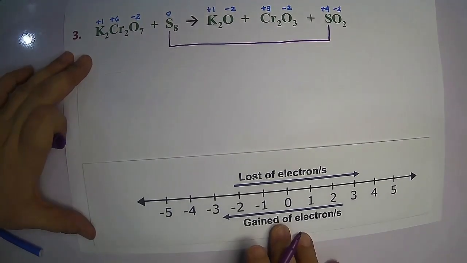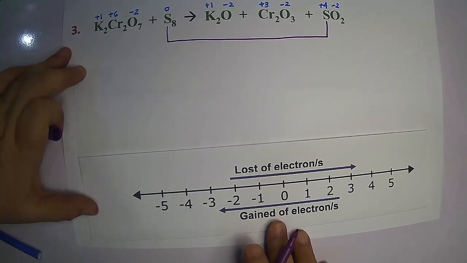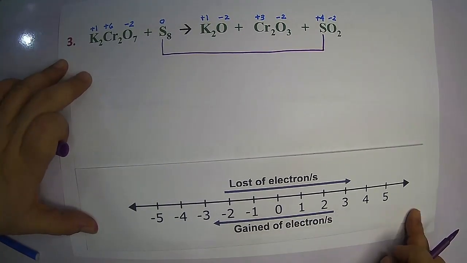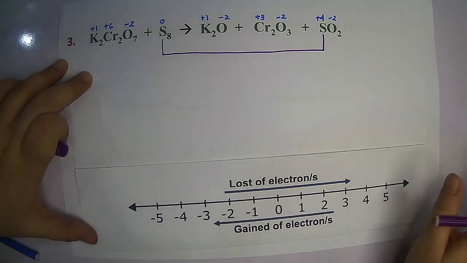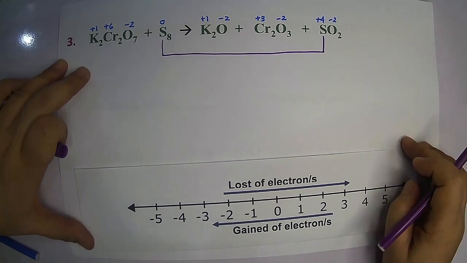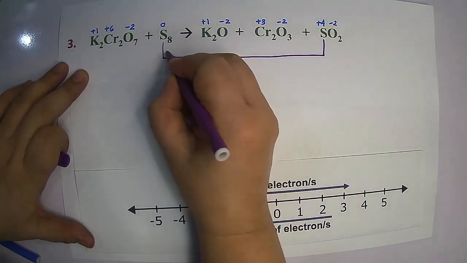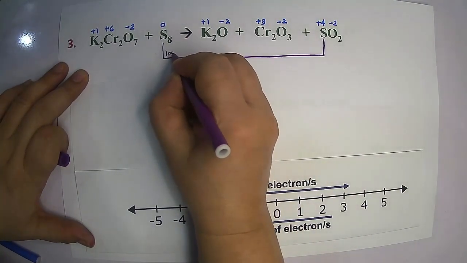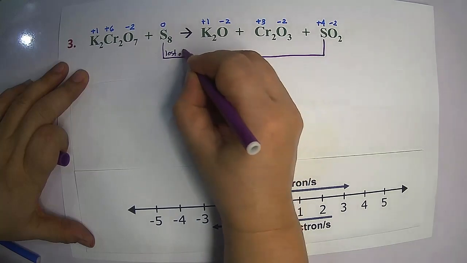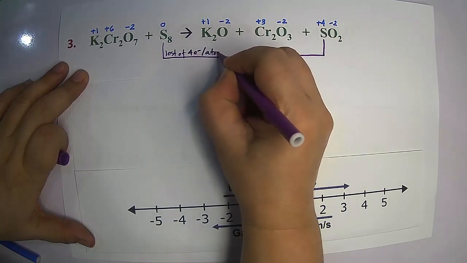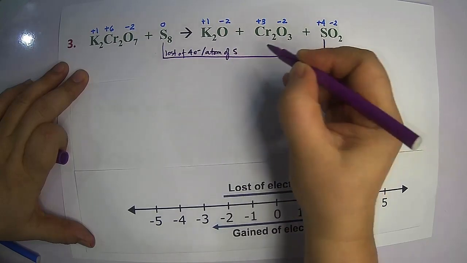Now, referring to your number line, from 0 to positive 4, you're going to the right. So you have 4 units or 4 electrons. So there is a loss of 4 electrons per atom of sulfur.